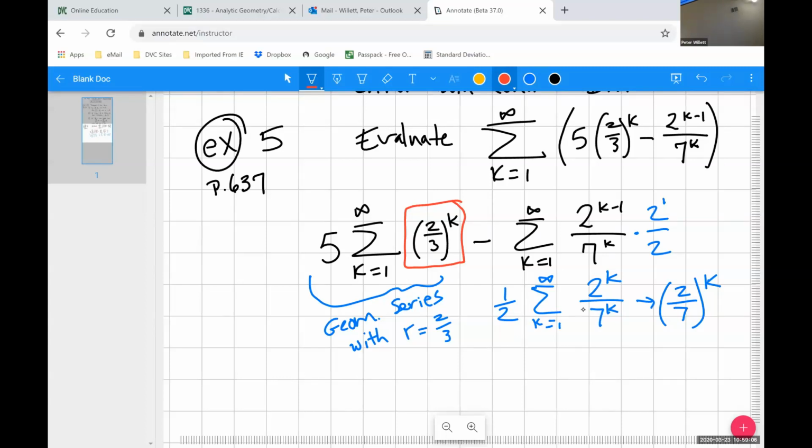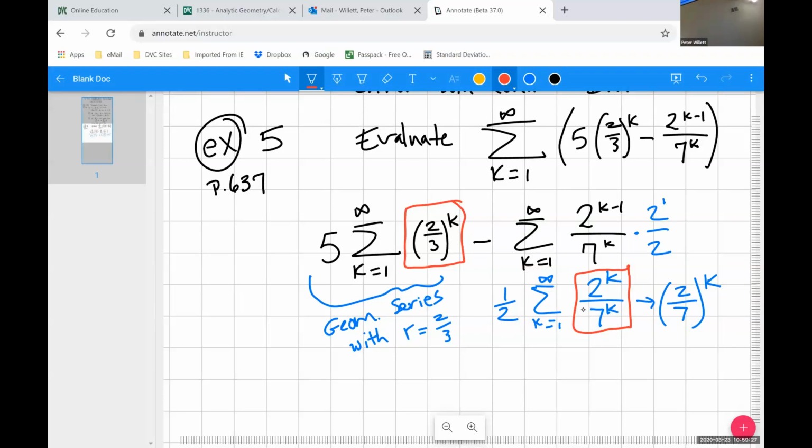By getting the power on the top to be a k just like the power on the bottom, instead of lagging behind by 1, I could pull that common power of k outside of the whole fraction and recognize that I'm just multiplying by 2/7 every time.